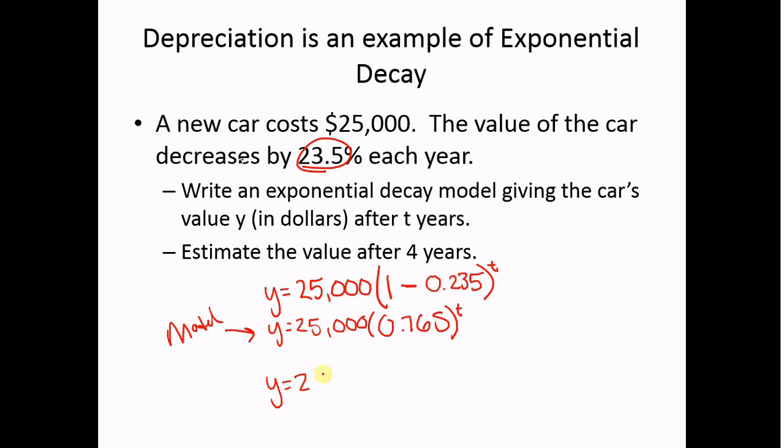I'm going to get 25,000 times 0.765 to the 4th power. If you plug that into your calculator, you will get the approximate amount of $8,562.21.